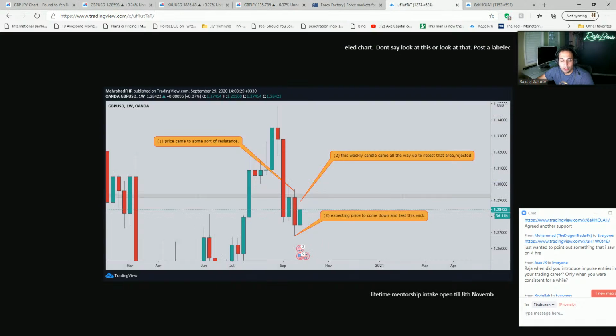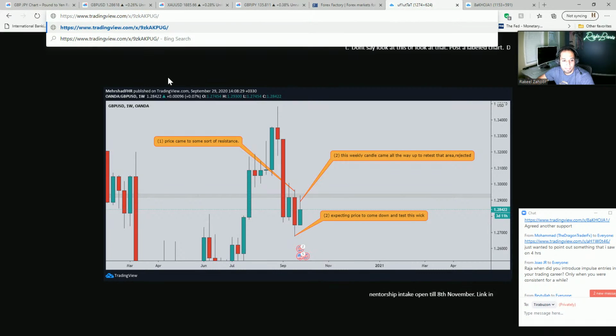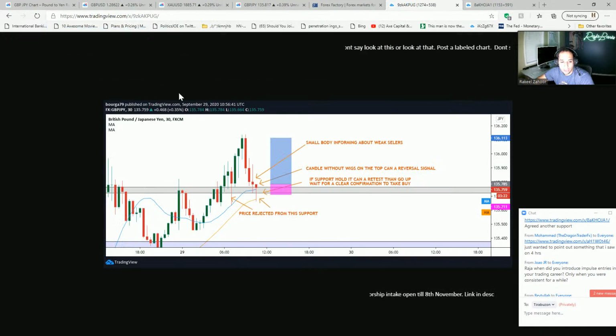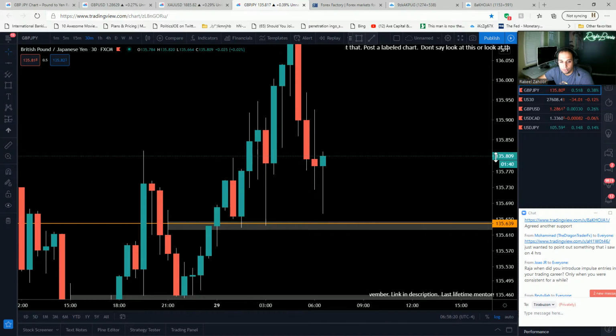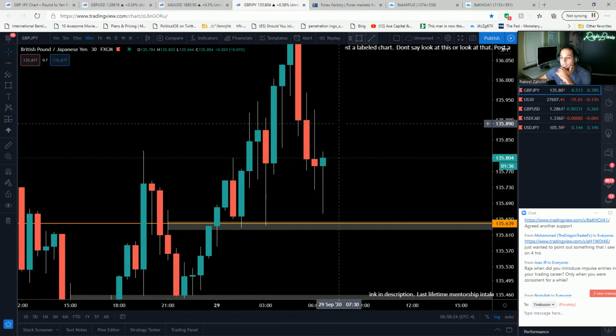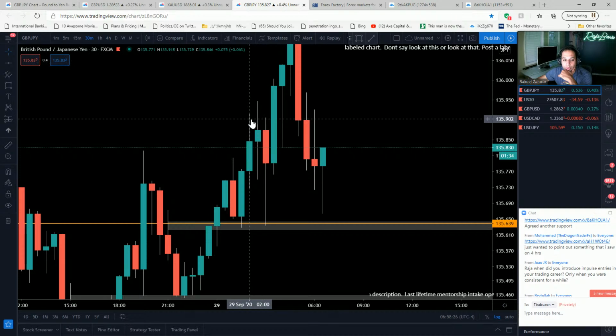Alright, let's take a look at this chart from the Gulag. The Gulag sent a chart. This is a candle without wicks on the top, which can be a reversal signal if support holds. Small body forming shows weak sellers. Yeah, something I'm looking for over here too. The only thing I'm concerned about are these wicks over here.